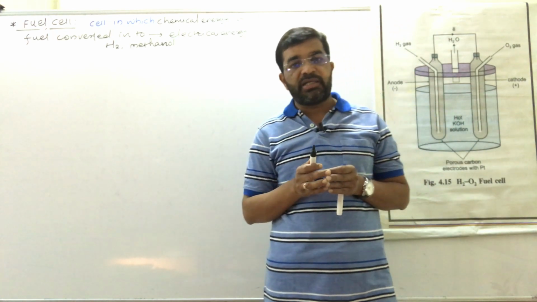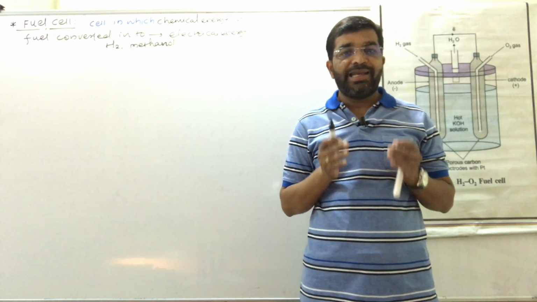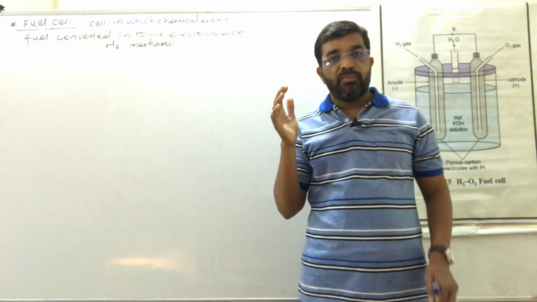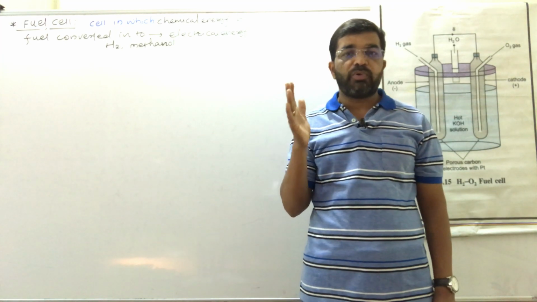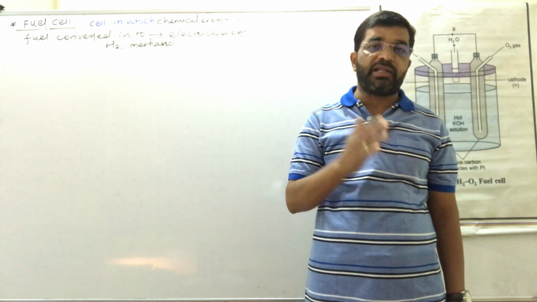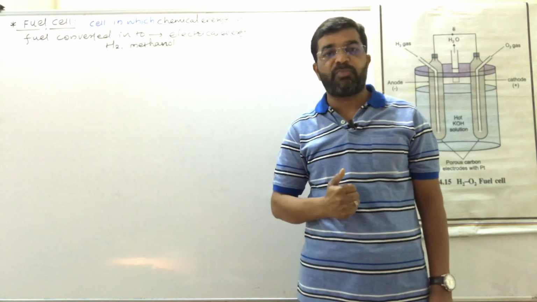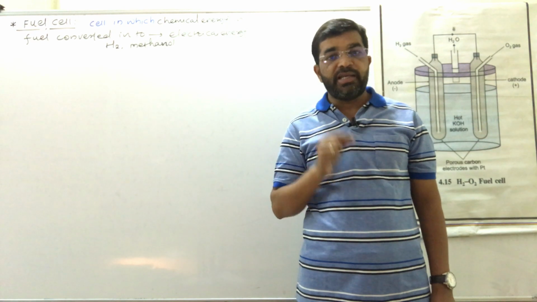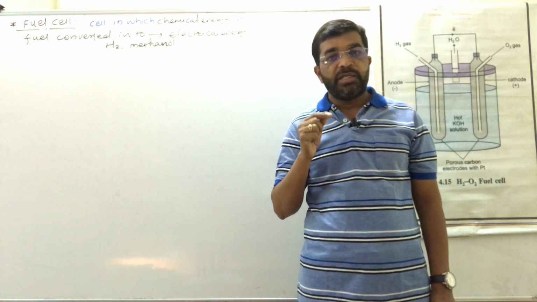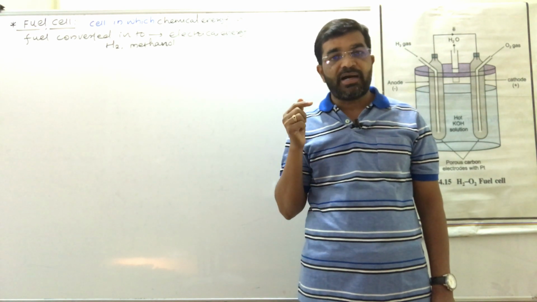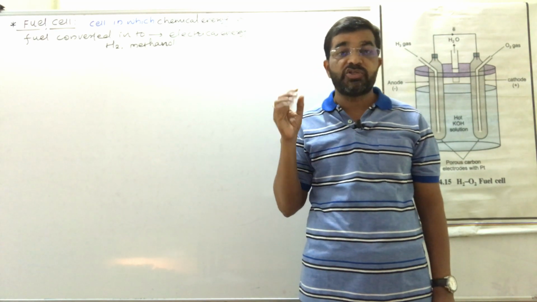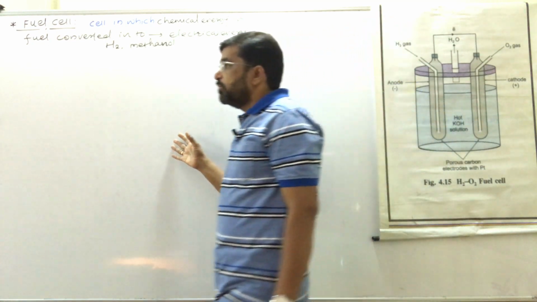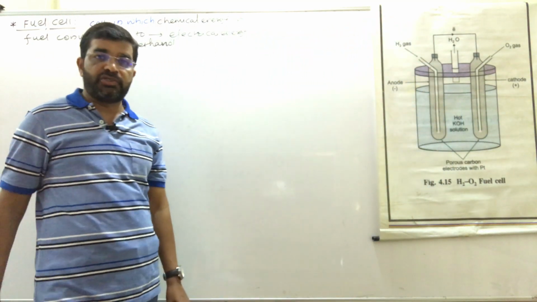But that has very low efficiency, meaning the conversion of chemical energy into electrical energy is very low in a thermal power plant. In a fuel cell, the energy is converted directly into electrical energy with high efficiency, about 70%. Therefore these cells are more efficient than other cells.